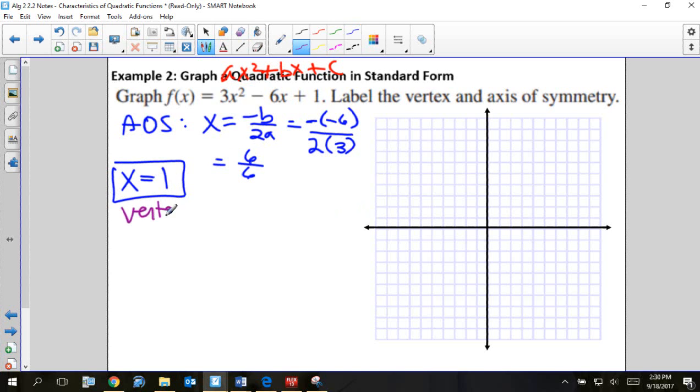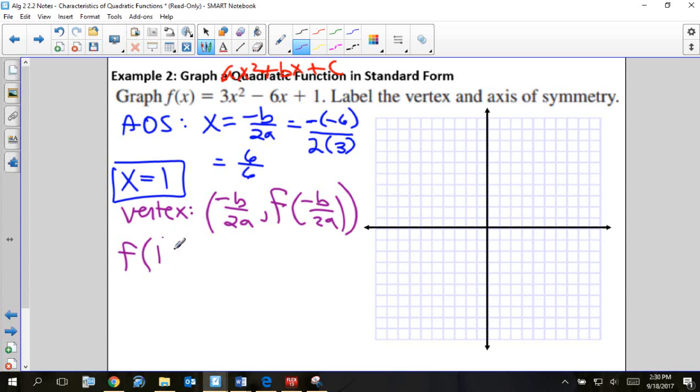Vertex. The formula says negative b over 2a, comma, f of negative b over 2a. The formula means whatever that number was that we just found, do f of that number in the equation. So I'm doing f of what number? What's this number right here? Negative b over 2a. What number did I get? David? 1. Excellent. So I'm going to do f of 1.